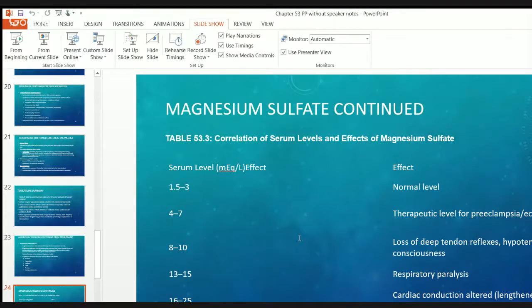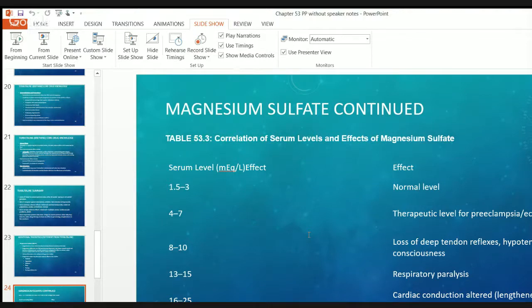So it's very common for the laboratory to call the unit with a panic magnesium level, although we on the floor know it's actually a therapeutic level for either tocolytic therapy, or for preeclampsia, eclampsia, convulsion therapy. So while it's higher than normal, it's considered therapeutic. The 4 to 7 is therapeutic for magnesium therapy for treatment, as we're either preventing her from having contractions or hopefully preventing her from having a seizure.